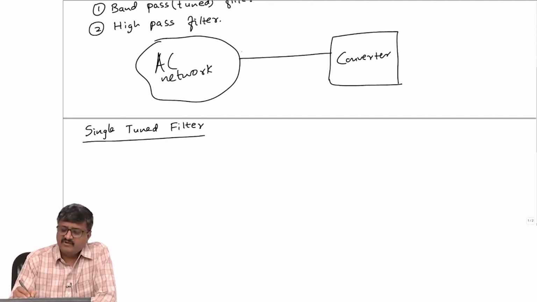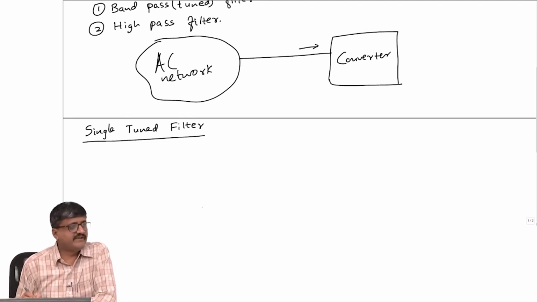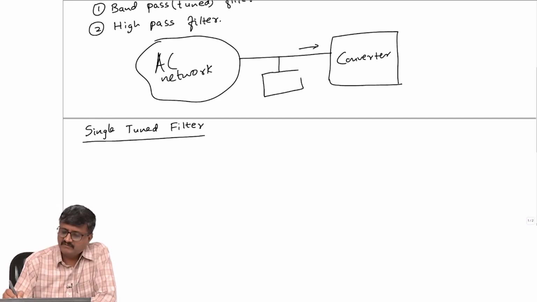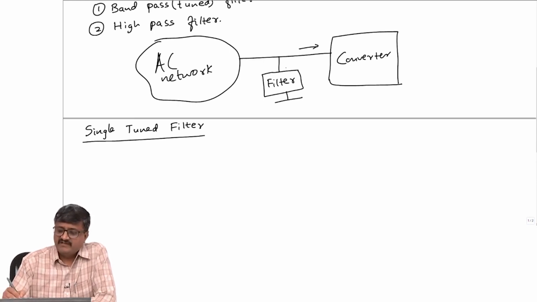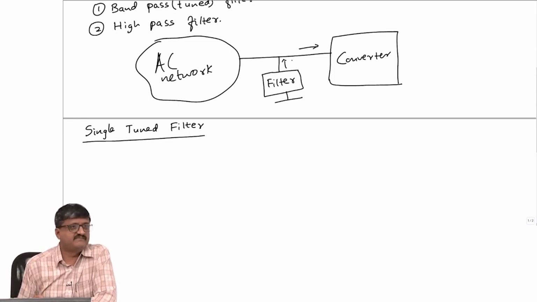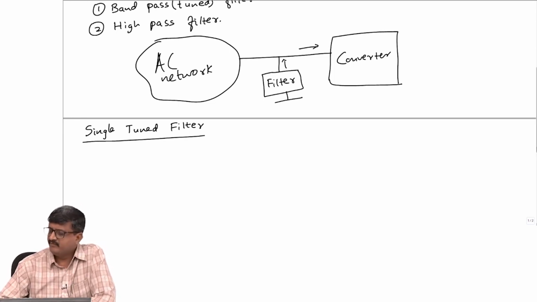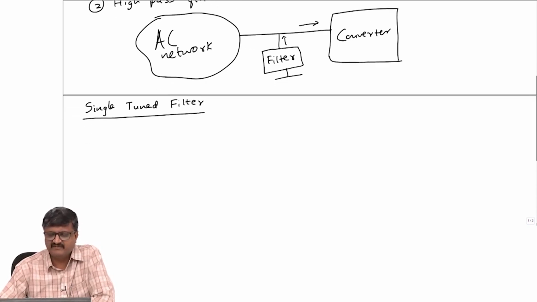There are harmonics in the currents on the AC side of the converter. If nothing is done, it will flow in the AC network also. If I provide a path in the form of a filter, the currents will flow through the filter. It will not flow through the network, that is the idea.